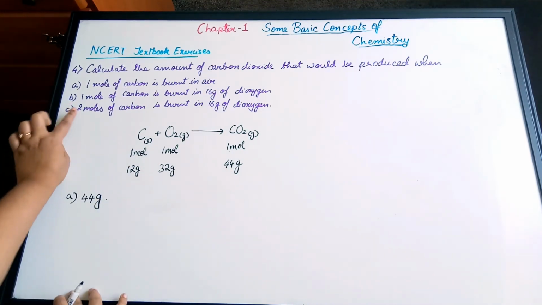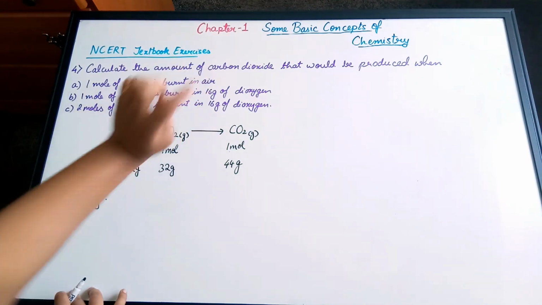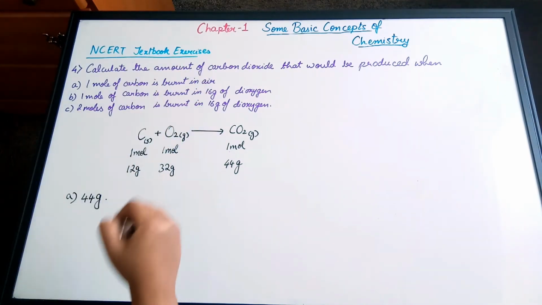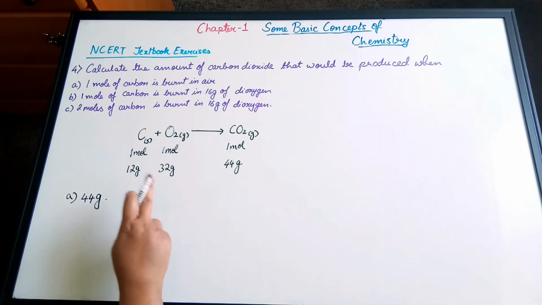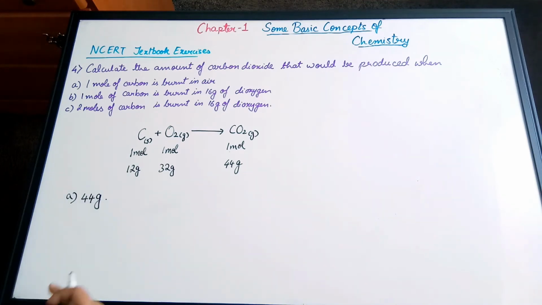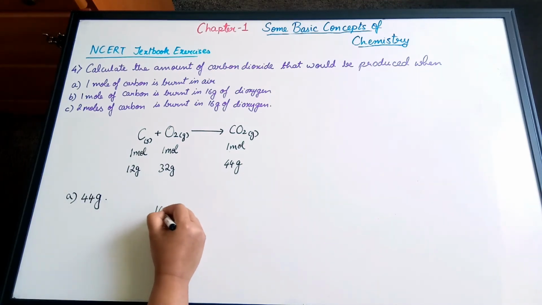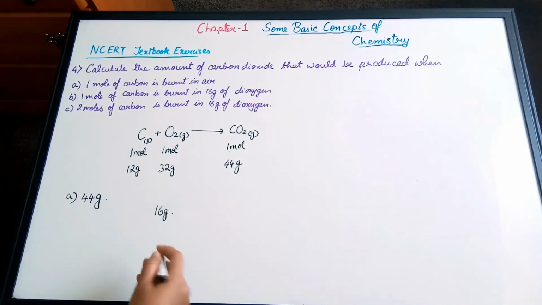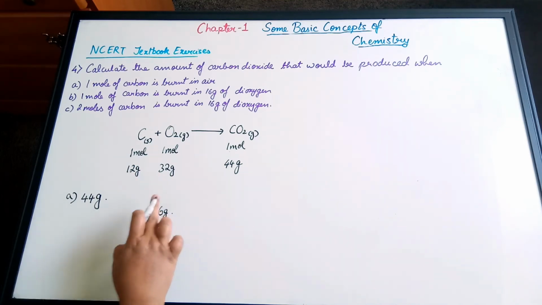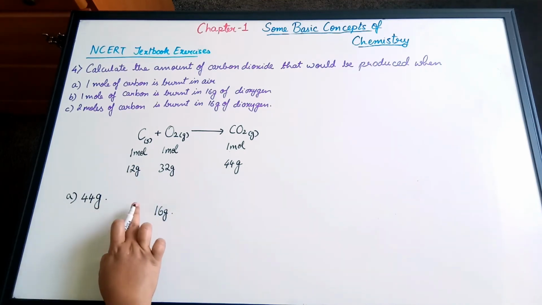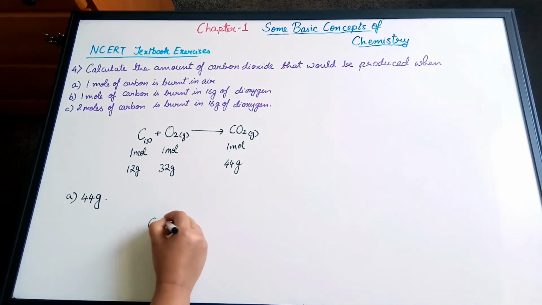Next, 1 mole of carbon is burnt in 16 grams of dioxygen. Here you have 32, which means 32 grams of oxygen. But in our question, in the reaction conditions, the amount of oxygen which is available is just 16 grams, which means only 0.5 moles of oxygen is present. Let's just put it this way.